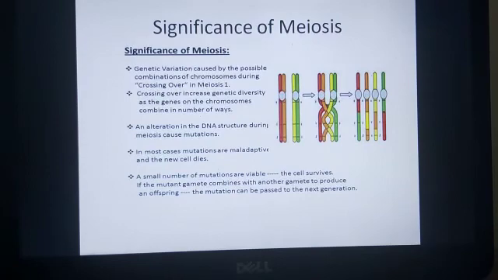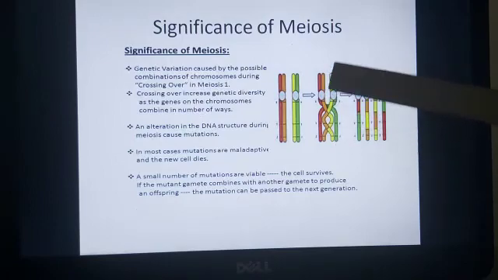And if it is a small mutation and the cell is able to survive, then the cell is a recombinant and the mutation can be passed from one generation to the next generation. Most of the human genetic diseases that we find, like Down syndrome, Turner syndrome, result because of some fault in this step only.